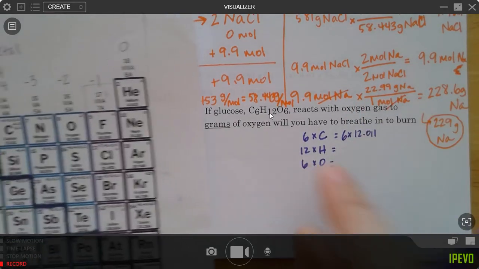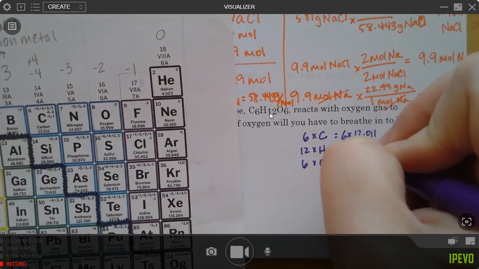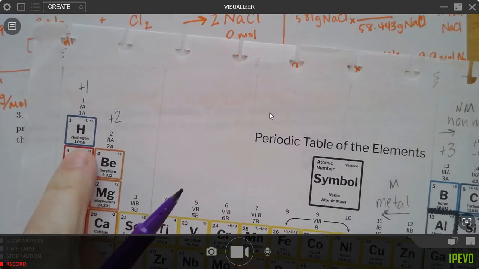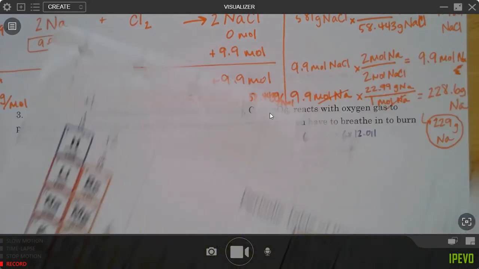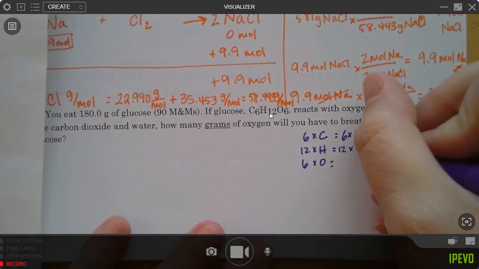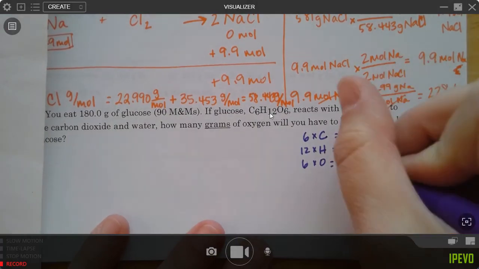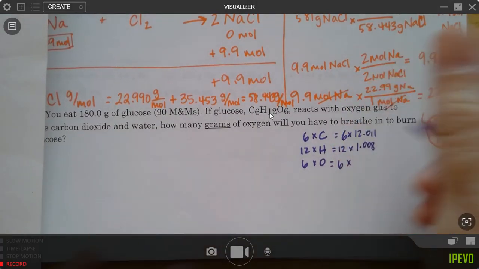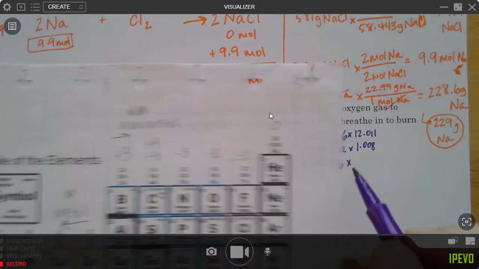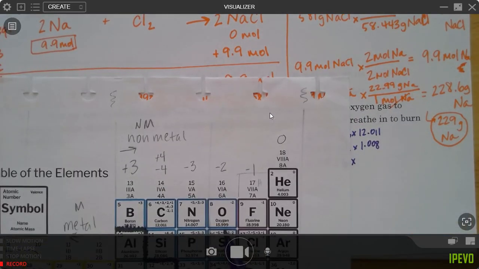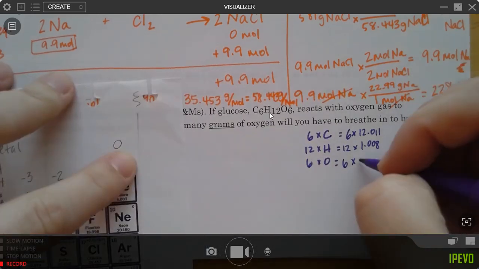For hydrogen, you're going to have 12 of them times the mass of a mole of hydrogen, which is 1.008. For oxygen, we have 6 of them. So we're going to multiply 6 times the mass of a mole of oxygen atoms, which is 15.999.